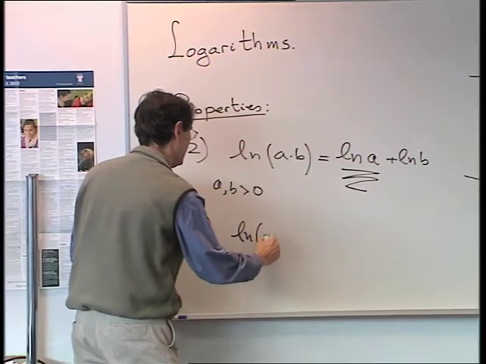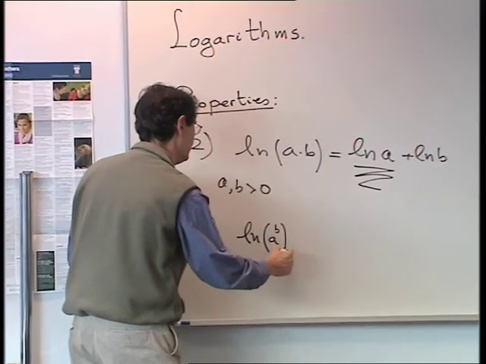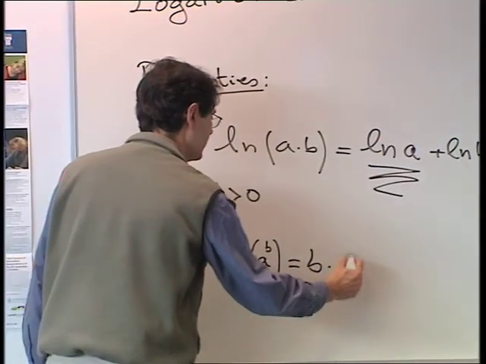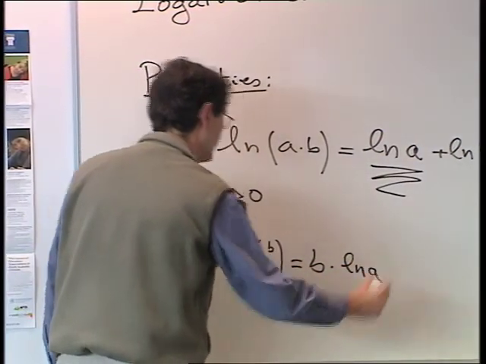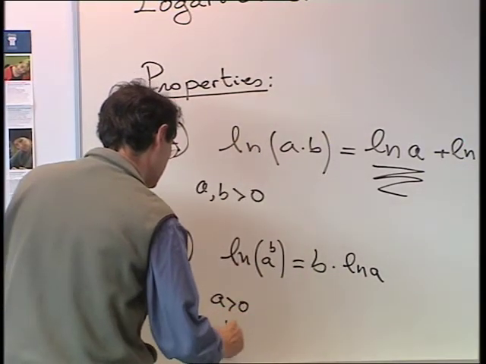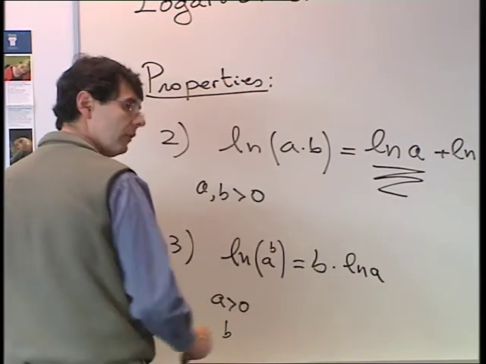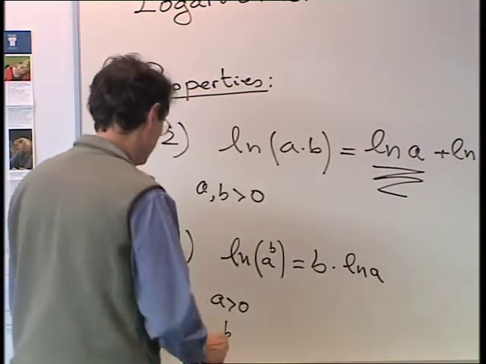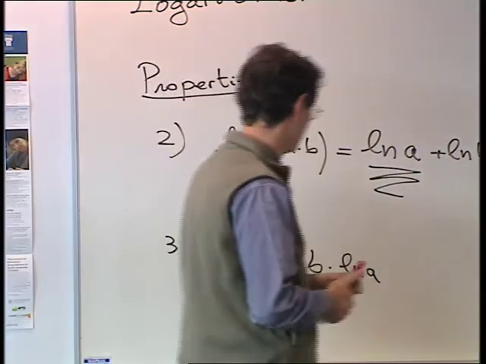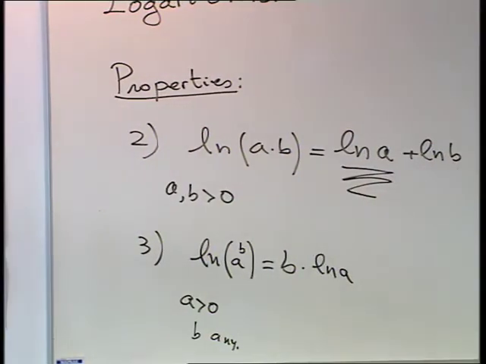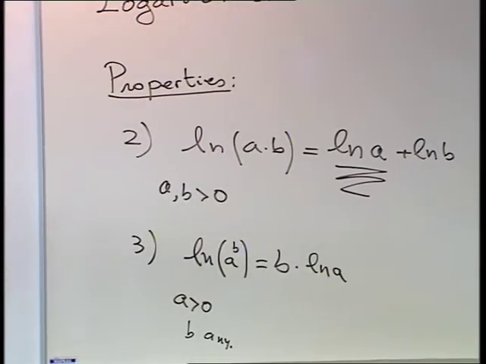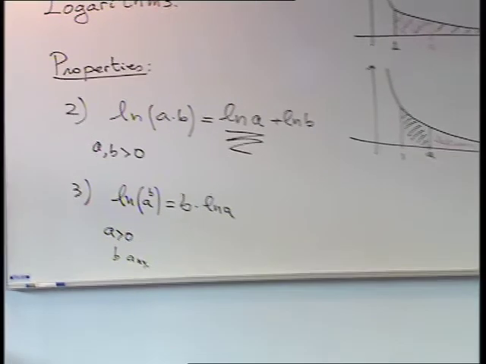Log of A to the power B is B times log A. Here A is positive and B can be any number, positive or negative. Doesn't matter. Again, it's a property about areas. I'm not going to draw a picture here, but that's what it is.